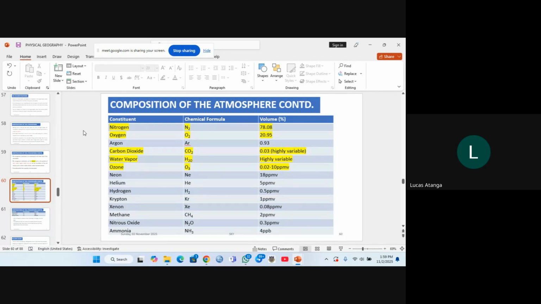That is what we call the greenhouse effect. If that was not happening, the earth would have been so cold that it would have been difficult for us living on the earth. So carbon dioxide absorbs infrared radiation that keeps the earth warm to support life.